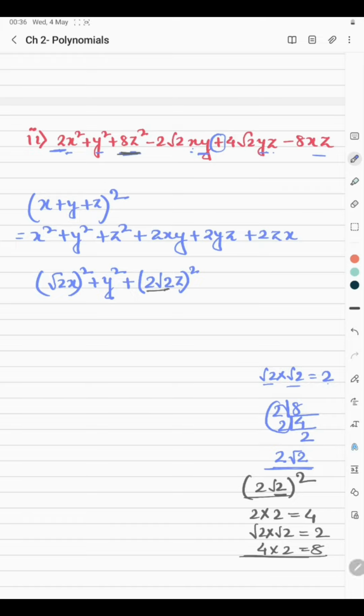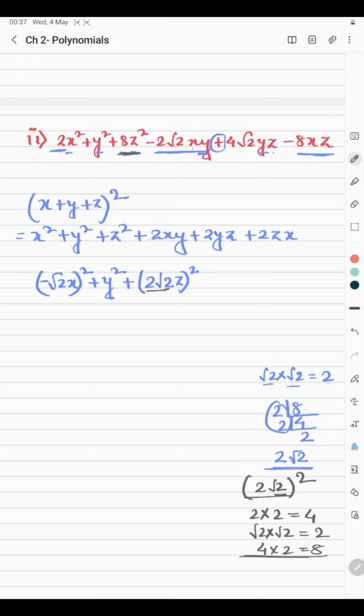This means x is negative, that's why this term is negative and this term is also negative. So here minus root 2x with minus root 2x will give a minus sign. Why? Because just now we have found that the x term is negative. So since we have written this in place of 2x square, which is the x term, minus square means it's plus, so we'll get 2x square.